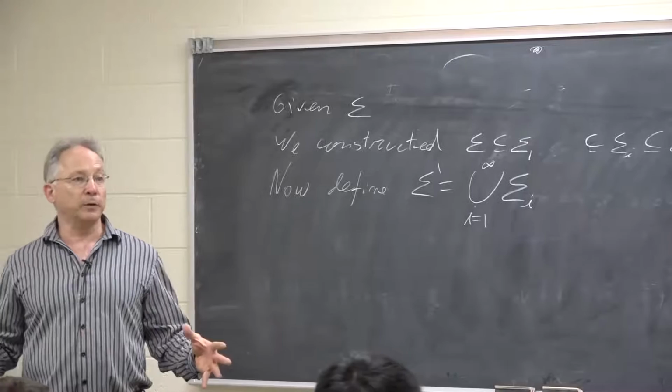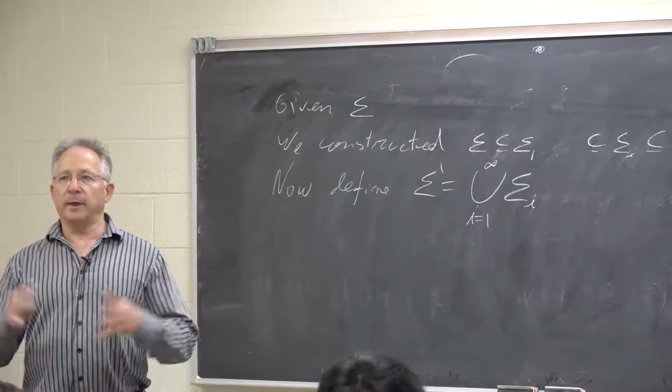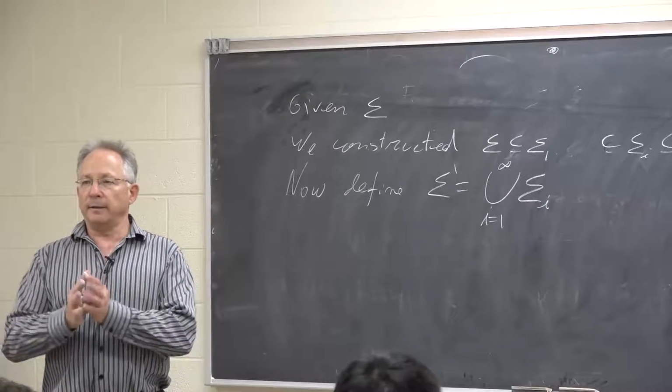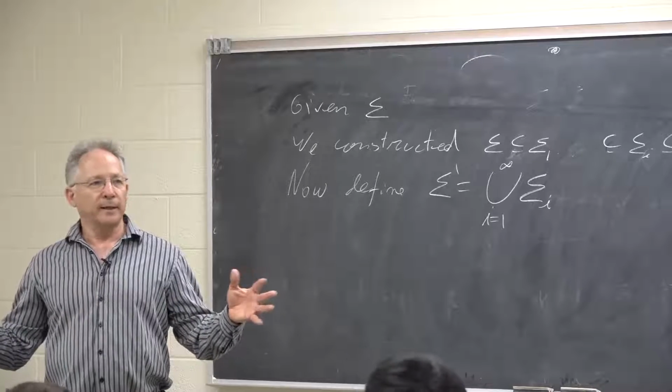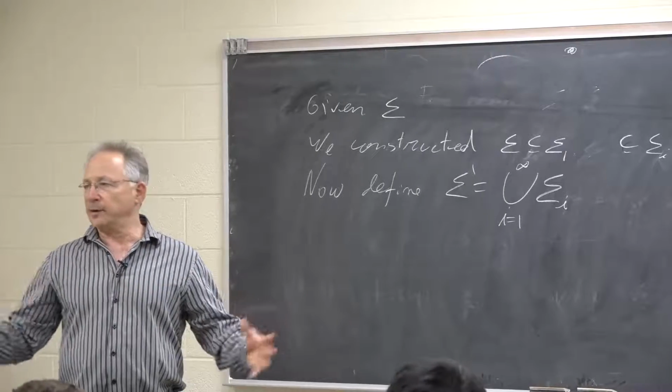It's an infinite union. We have sigmas that keep growing, and then we take the union. So it's not any of those, because each of them is bigger and bigger and bigger.